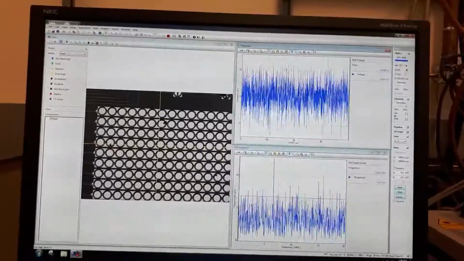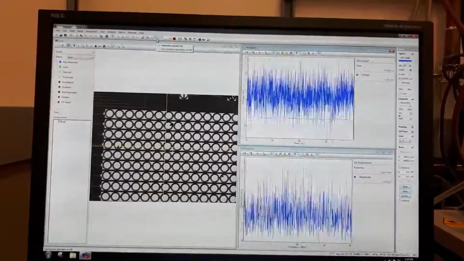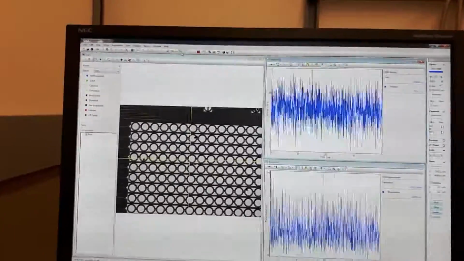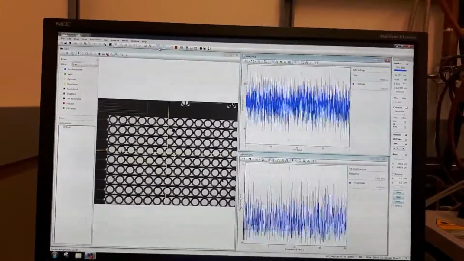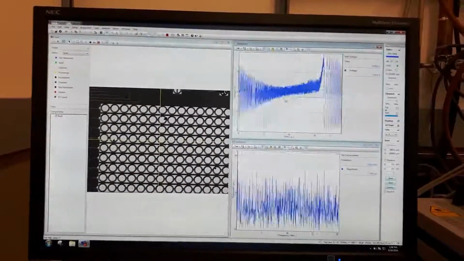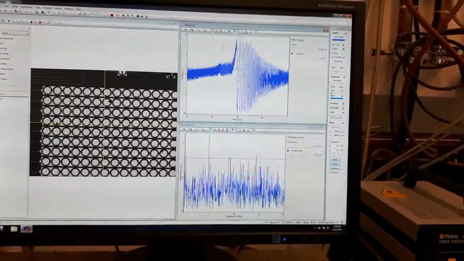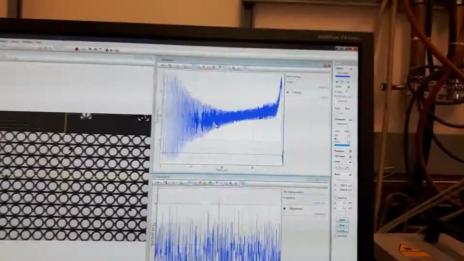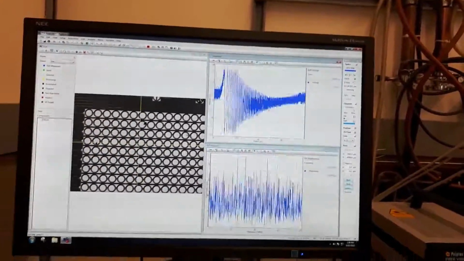Now, this is in real time. Right now, the function generator is disabled. I'm going to enable it, and now this is the chirp signal I am sending to my device.